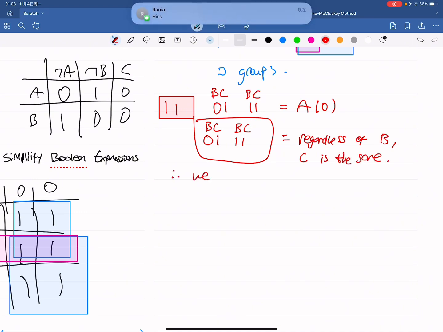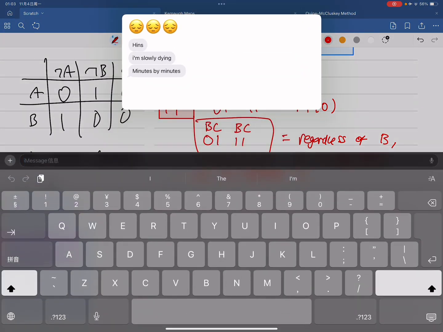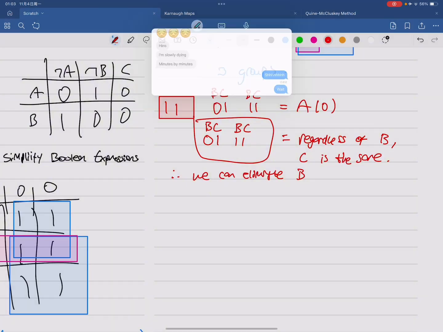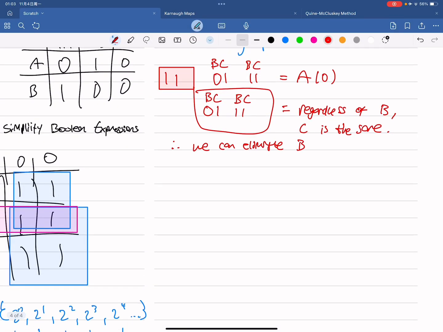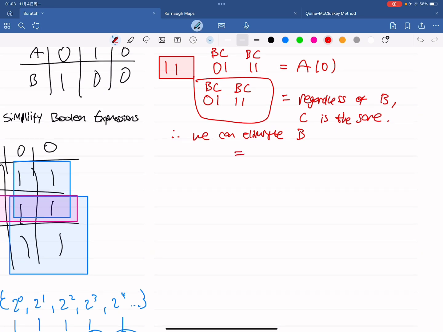Therefore, we can eliminate B. But Rania is putting me off. Okay, yes, we can eliminate B because C is always the same.